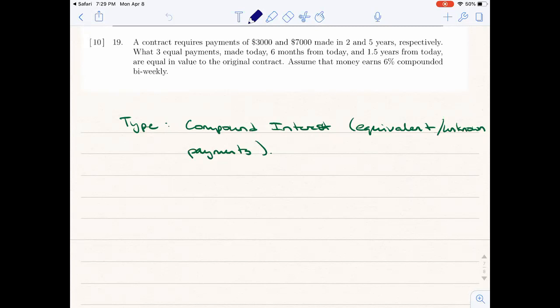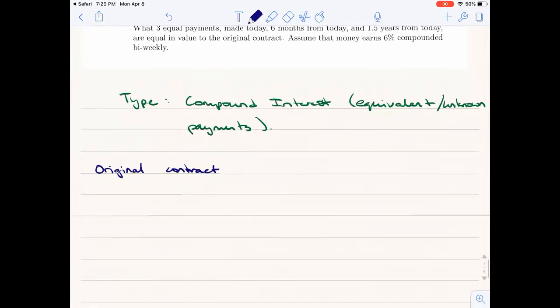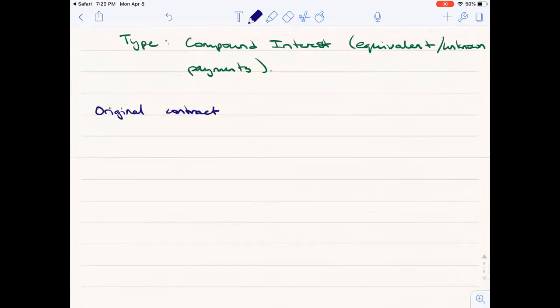And so assume that money earns 6% compounded bi-weekly. So what I'm going to do is I'm going to do the original contract, and then after that, below it, I'm going to do the new contract.